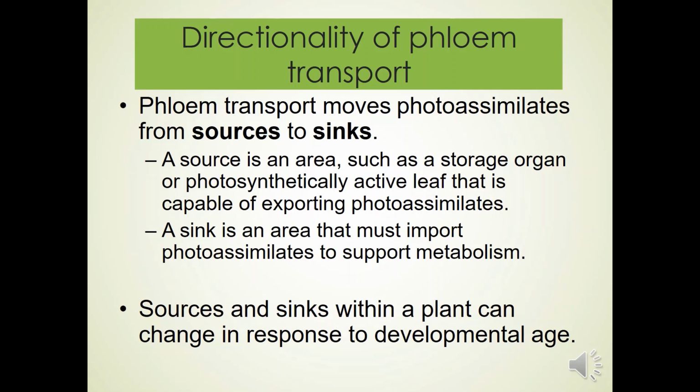Because of that, cells at another area require this photoassimilate. So they need to have the directionality from source to sink. Sources and sinks within a plant can change in response to developmental age. It means they have some changing regarding the development of age.